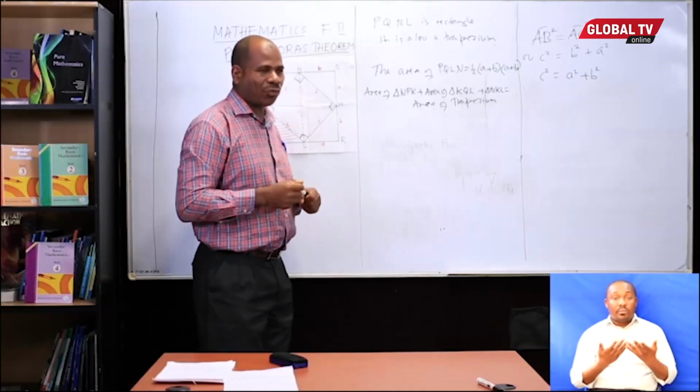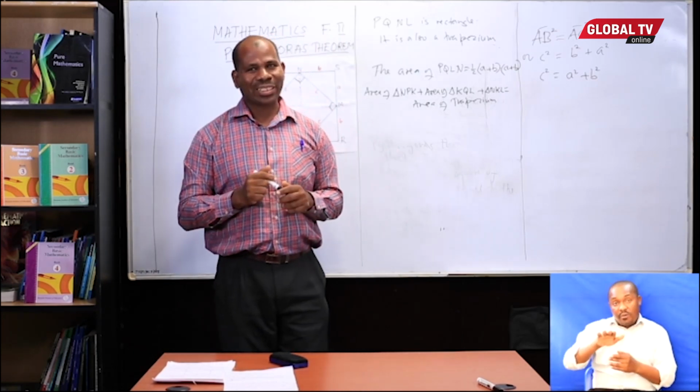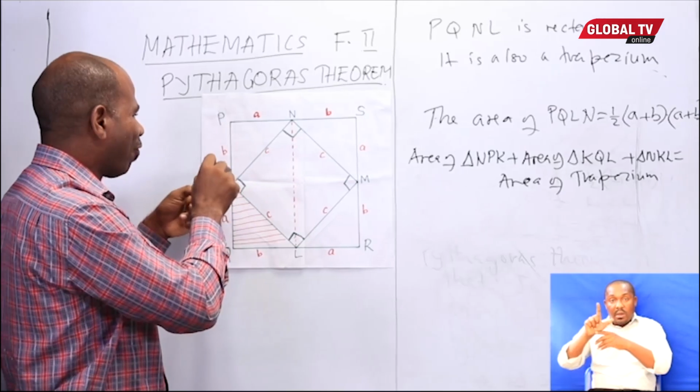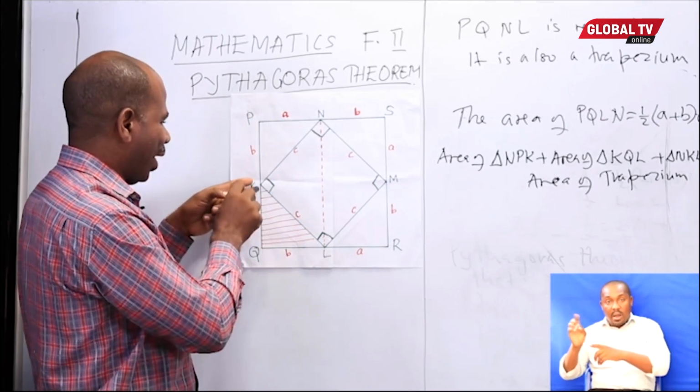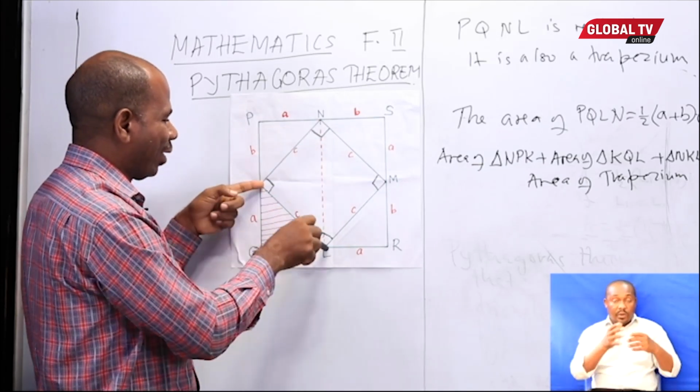The general formula for the area of a triangle is half base times height. So for here the area is half base times height, and here half base times height, and also half base times height.